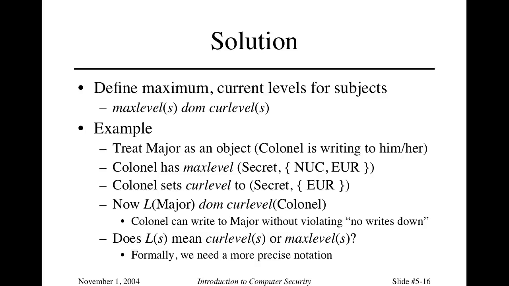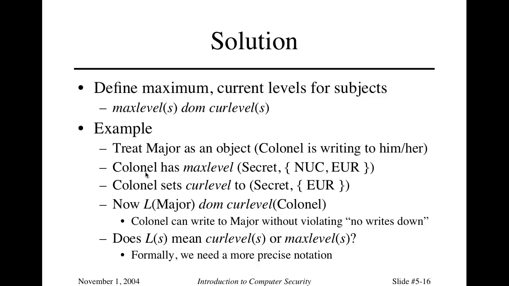So to solve the problem, we assign Kernel two different levels. The maximum level is nuclear Europe, two categories, and the current level is set to secret Europe, so as to be the same as the major.